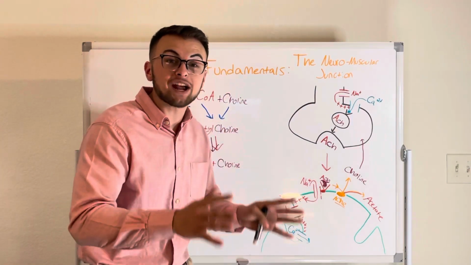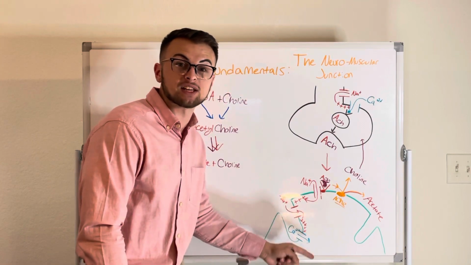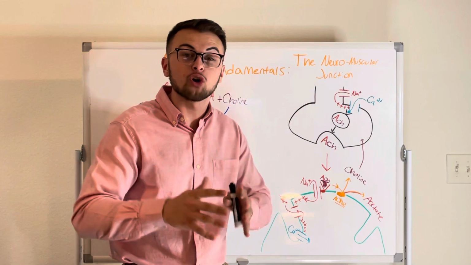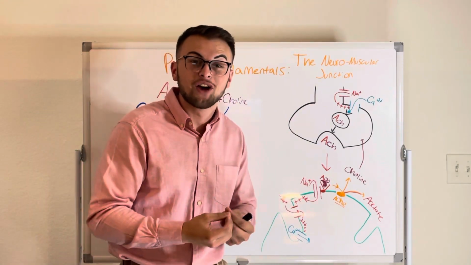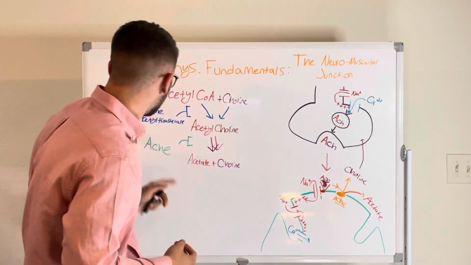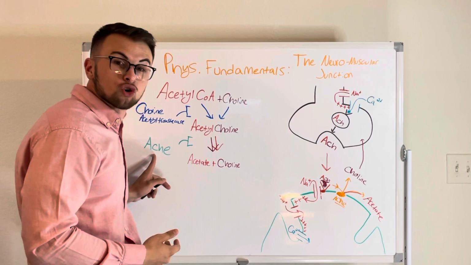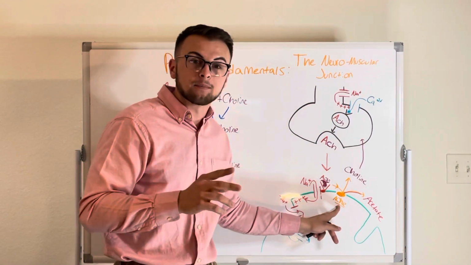The new action potential will be propagated along the postsynaptic cell, and at last we will have had a neuromuscular transmission. At last, our acetylcholine is taken by an enzyme called acetylcholinesterase, or ACE.